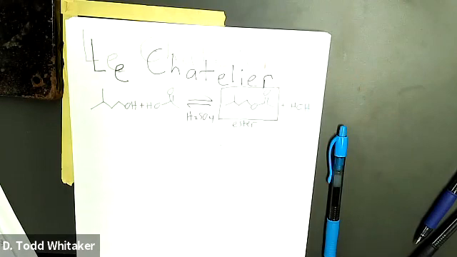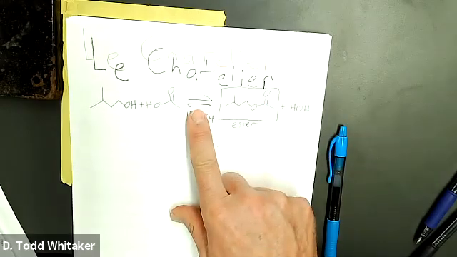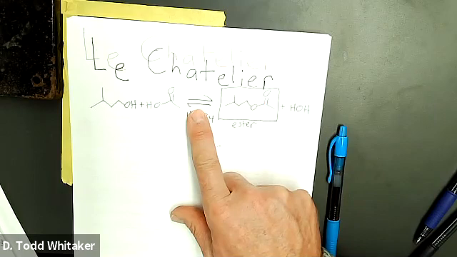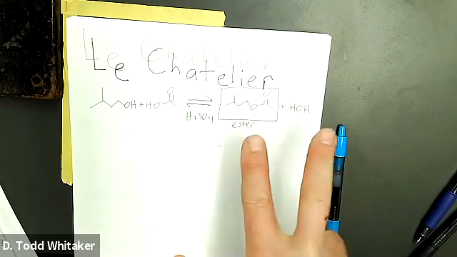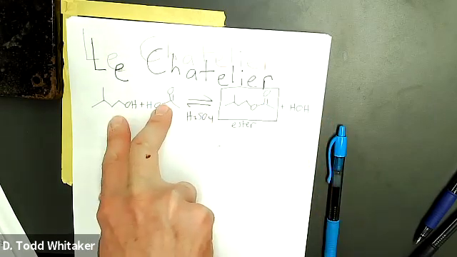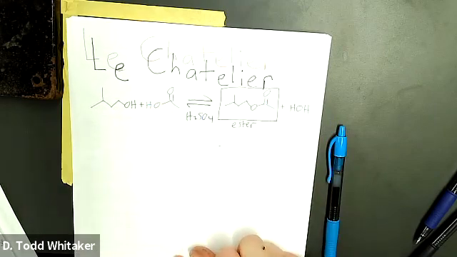So Le Chatelier says if you add an ingredient to one of the sides of the equation, because the equation is in equilibrium, that means the ratio of the concentration of the products over the reactants is a constant called the equilibrium constant.